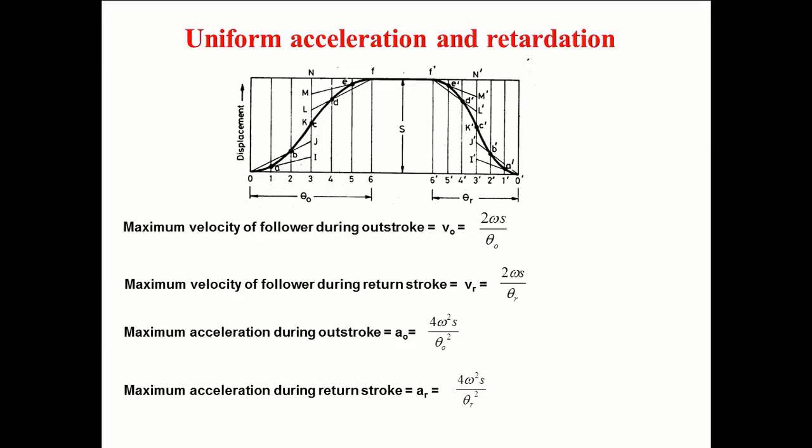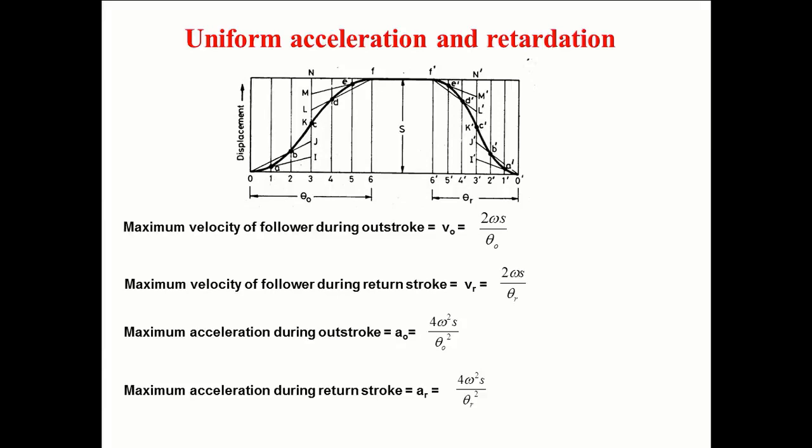We need not derive these equations, but you need to remember them, wherein omega is the angular velocity of the cam, s is the displacement of the follower, theta is the corresponding angle covered by the cam for the corresponding displacement of the follower.